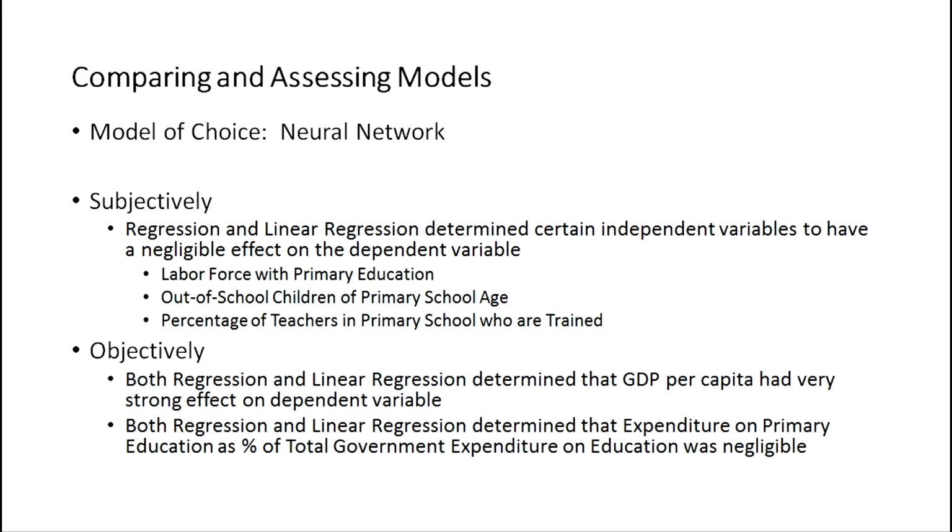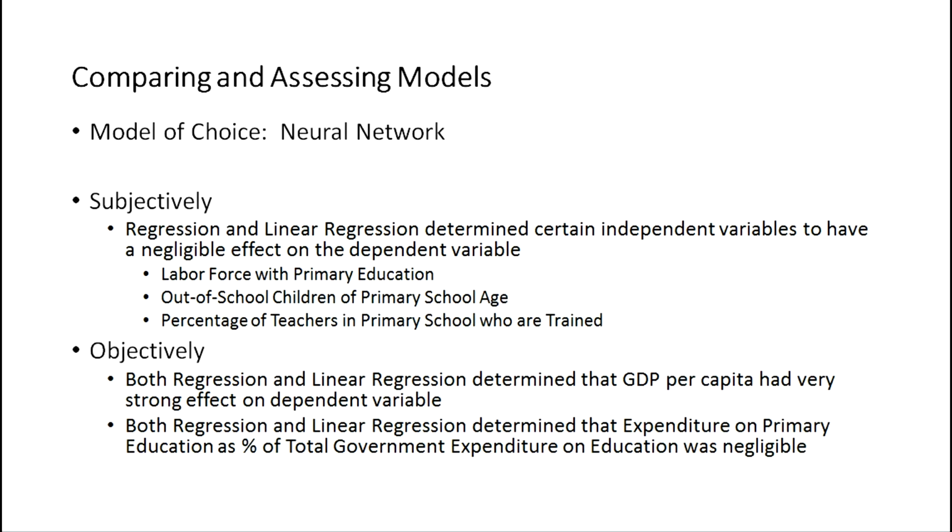So what that means to us is that the GDP per capita, which exemplifies how much money the government makes, is very strong. However, factors such as the one given here that show us how much the government spends on education were negligible or very weak.